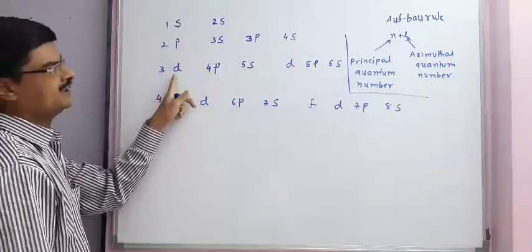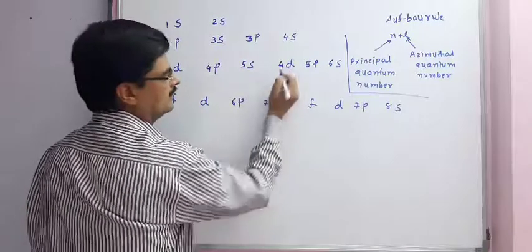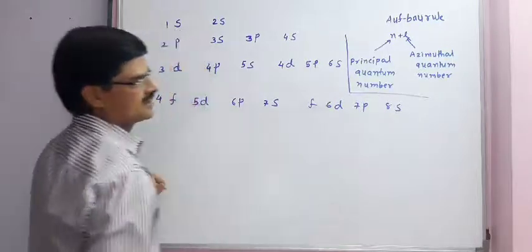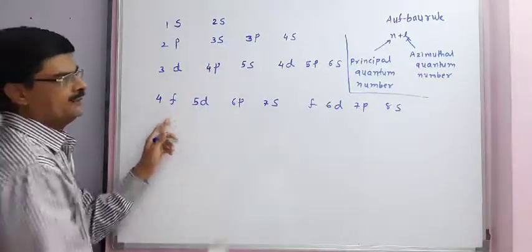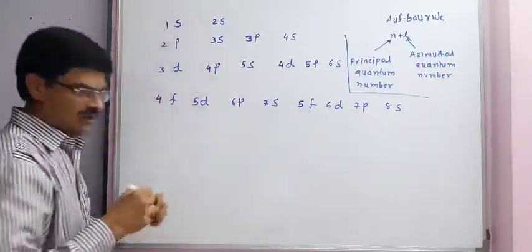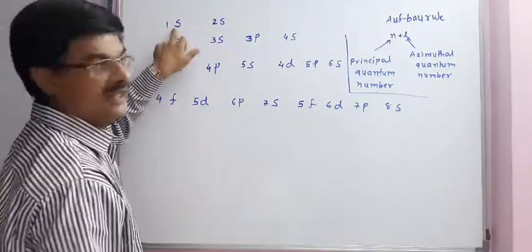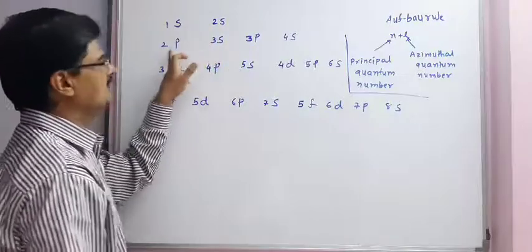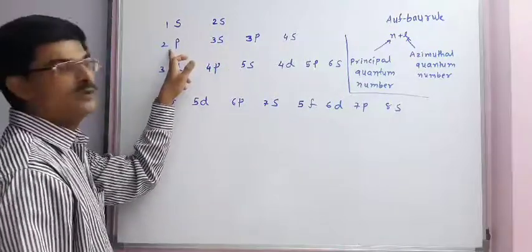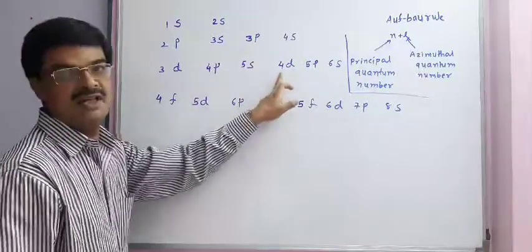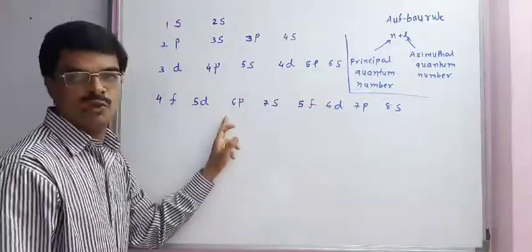For d, 3d, 4d, 5d, 6d. For f, 4f and 5f. So the lowest energy level is 1s, then 2s, then electrons fill in 2p, then 3s, 3p, 4s, 3d, 4p, 5s, 4d, 5p, 6s and so on.